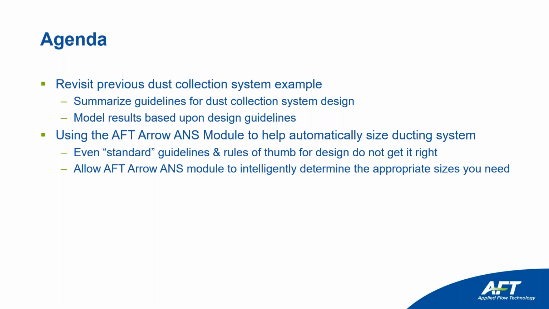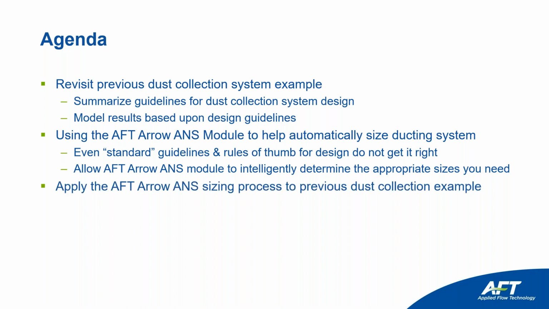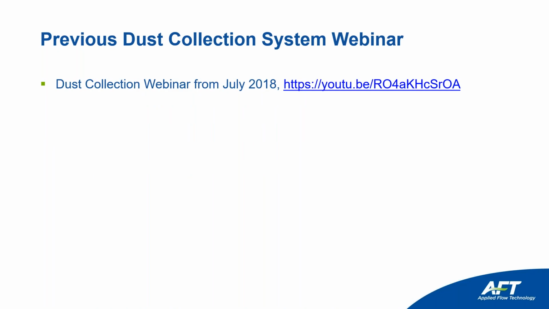Rather than using the various rules of thumb methods for guessing and checking, AFT Arrow's ANS module will intelligently determine the pipe sizes that you're going to need to use. And we're going to apply that to the previous example that we did. Again, this is where you can find the link to the webinar on dust collection I did last year.